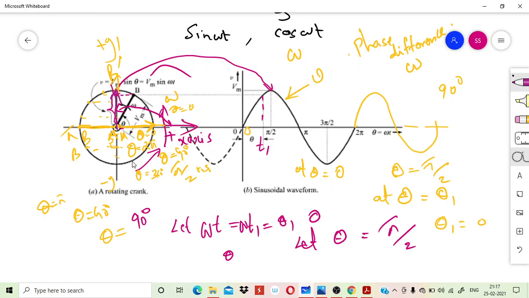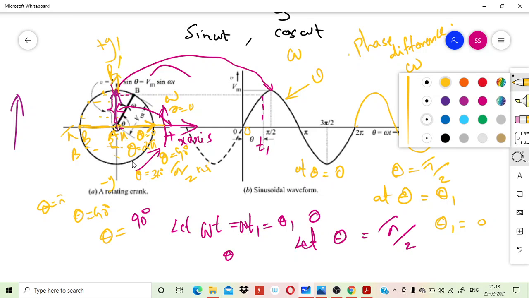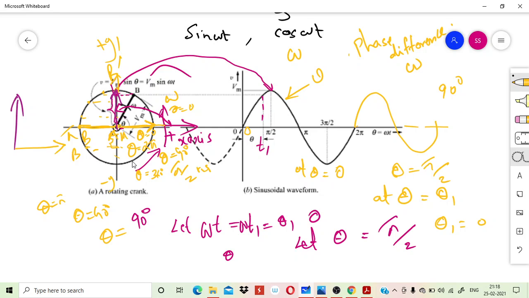If you take a snapshot at this instant, as with a camera, the two phasors look like this, and the angle between these two phasors is 90 degrees.